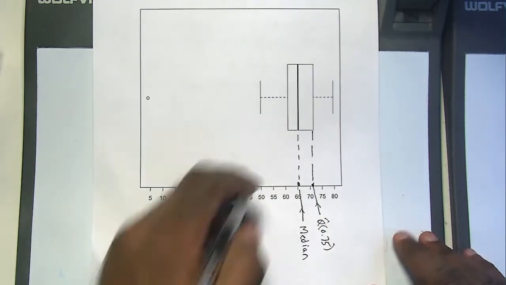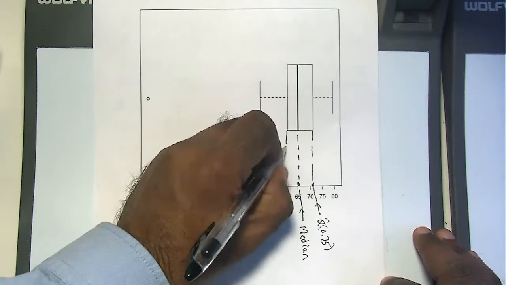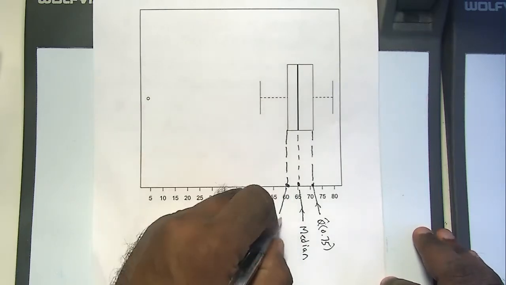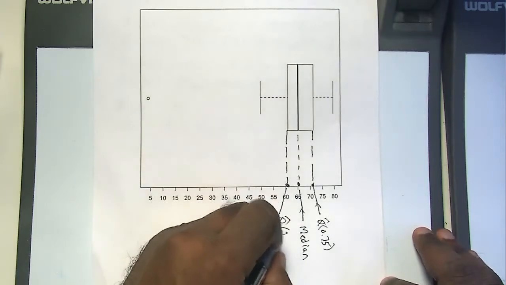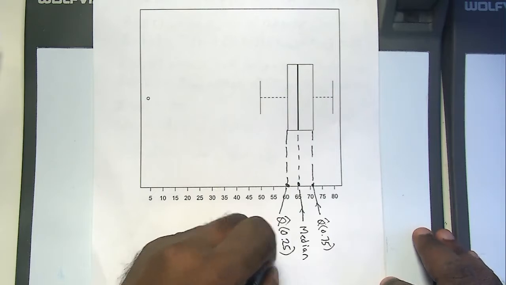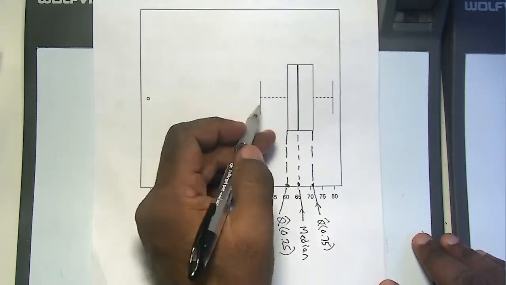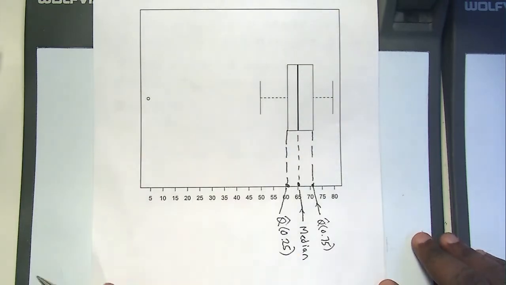And this line here is the first quartile, Q hat at 0.25.